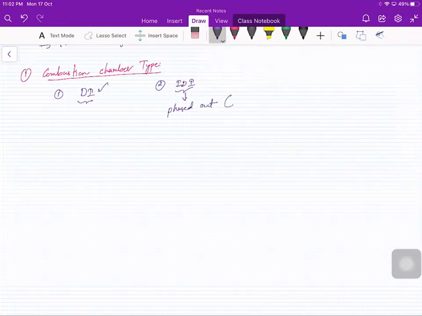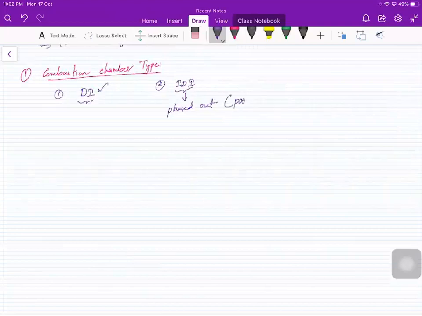Why? Because they give poor fuel economy. They didn't give much fuel economy, so that's why these engines are now completely eliminated.